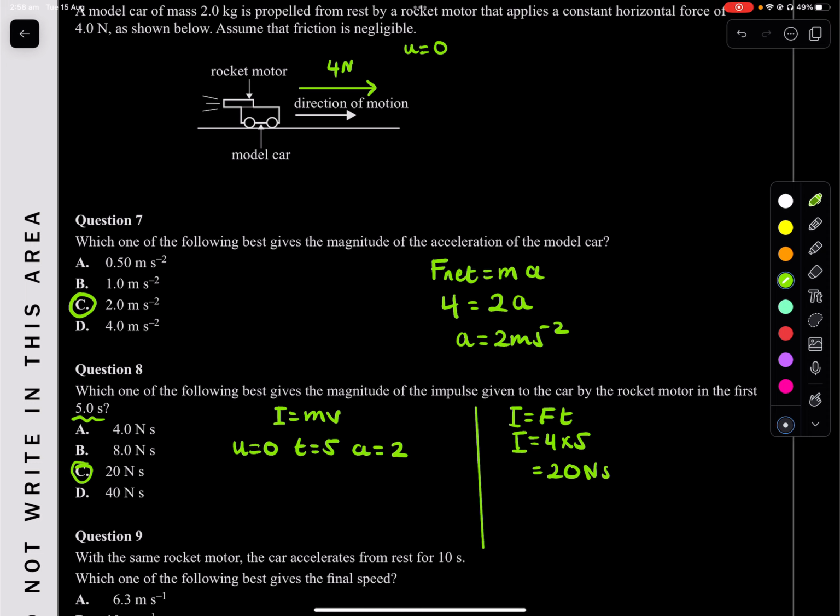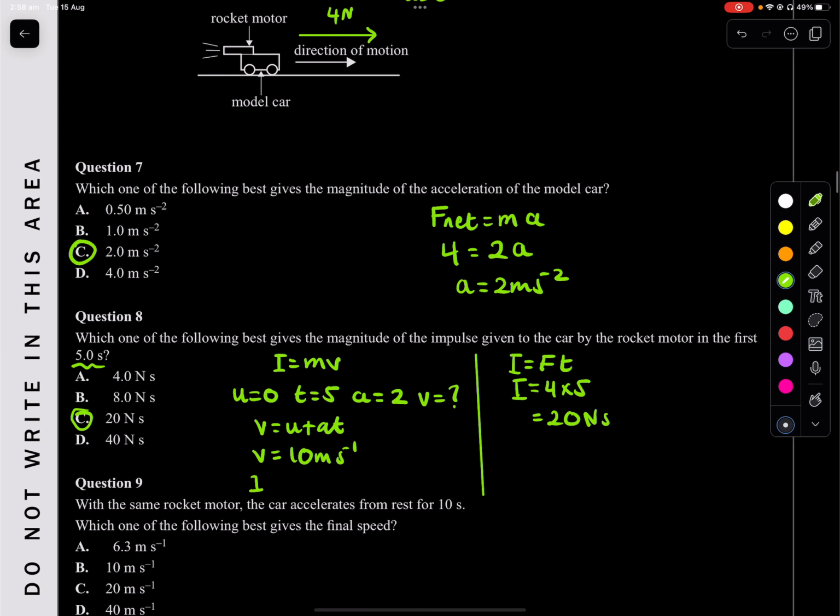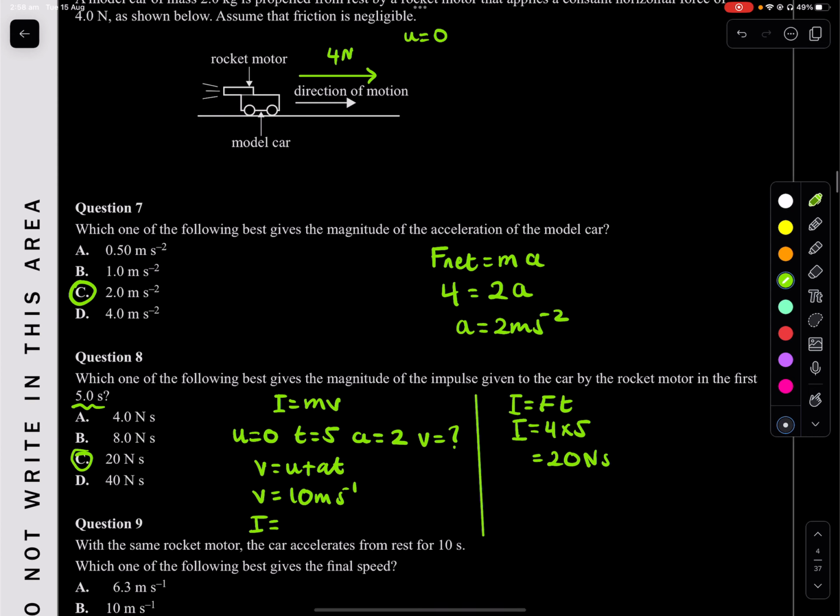What we're trying to calculate is the final velocity, so we use v equals u plus at. Well, 0 is our u, it's just 2 times 5, so it's 10. Your final velocity is 10 meters per second. So our impulse is our mass, 2, times our final velocity, 10, which gives you 20 newton seconds. So both ways give you the same answer.